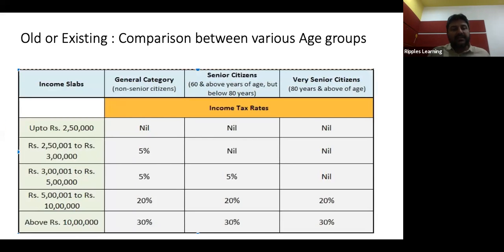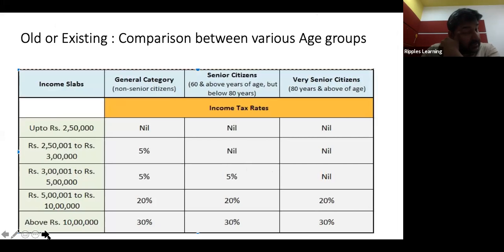So this is what it would look like, putting together what we discussed in the last 3 slabs, compared across various age groups. Is it clear? Okay, great.